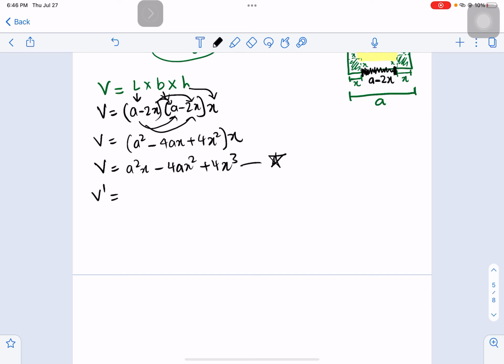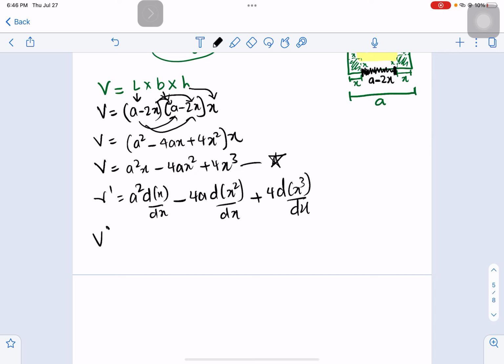Now differentiate once. Here, a squared is considered a constant, and 4a is a constant, so you differentiate the variable only.